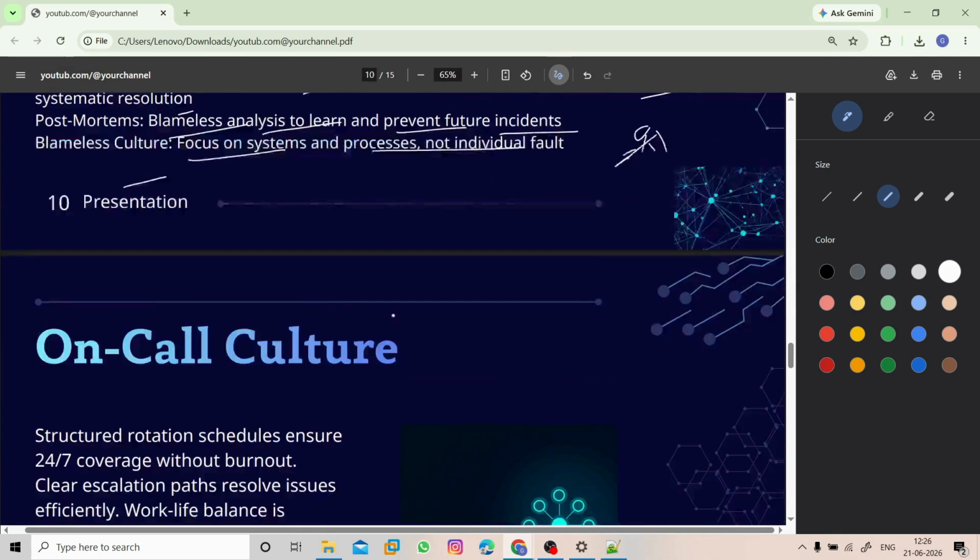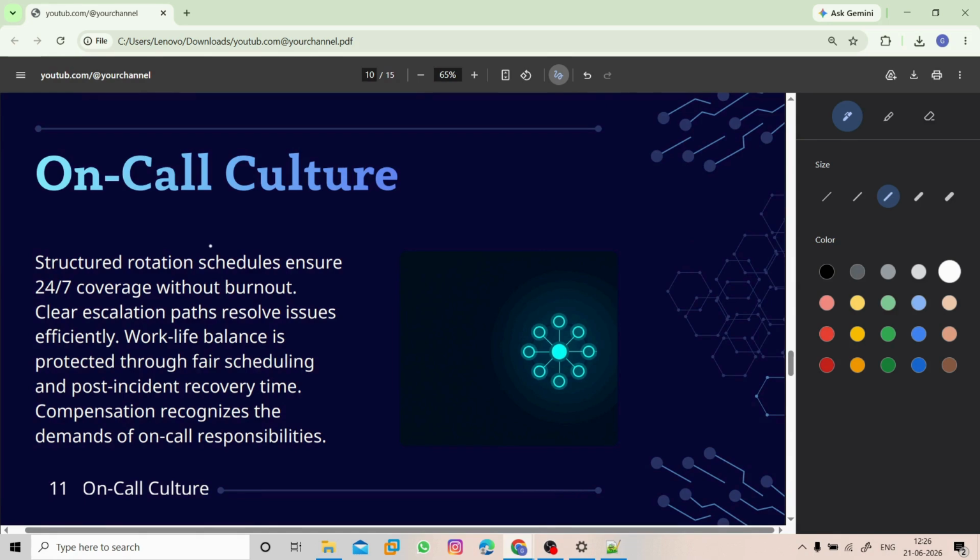Okay, so next one, on call culture. Structured rotational schedules ensure 24/7 coverage without burnout, and clear escalation paths help resolve issues. Suppose we have a project that is an EST project, like an American project.